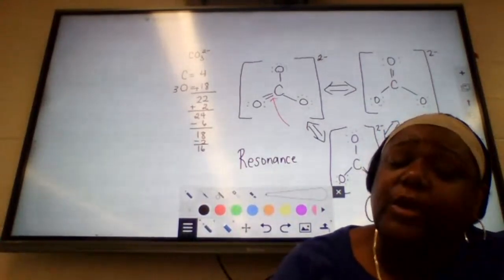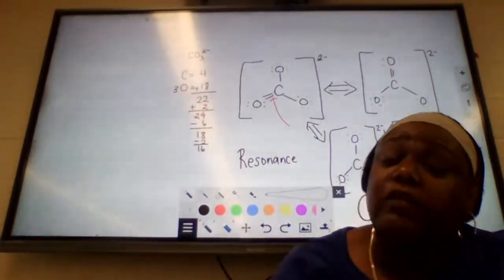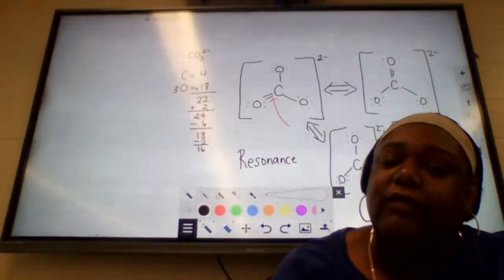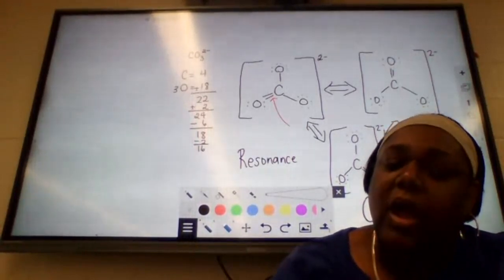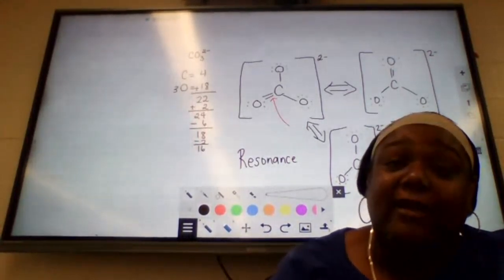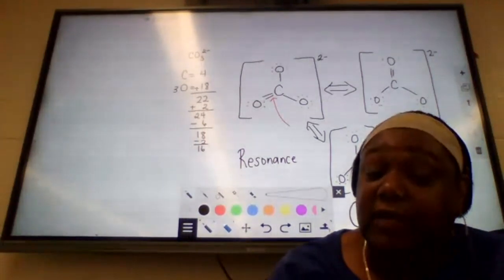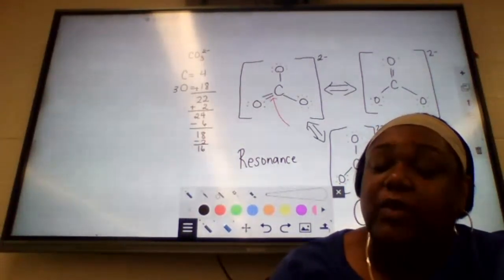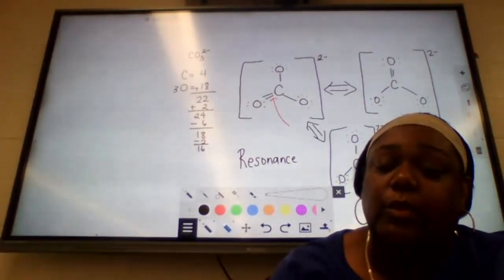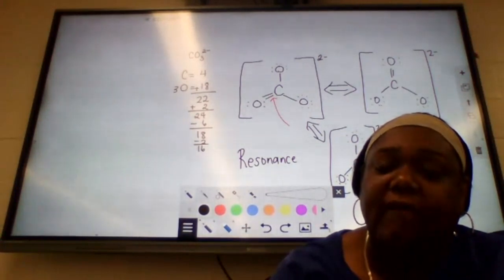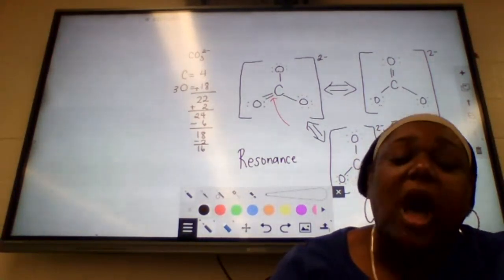And if you do, there's no way you can make pairs for all of your atoms, so one of your atoms is going to have an odd number of electrons. That's an exception to the octet rule, where all your elements won't have 8 valence electrons.